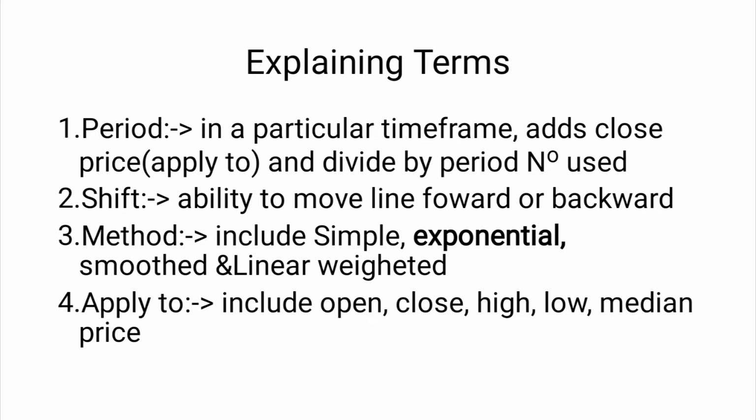In a particular time frame, a period adds the closing prices of each candle and then divides by the period number you use. So if you are using 13, it uses the sum of the closing prices divided by 13.